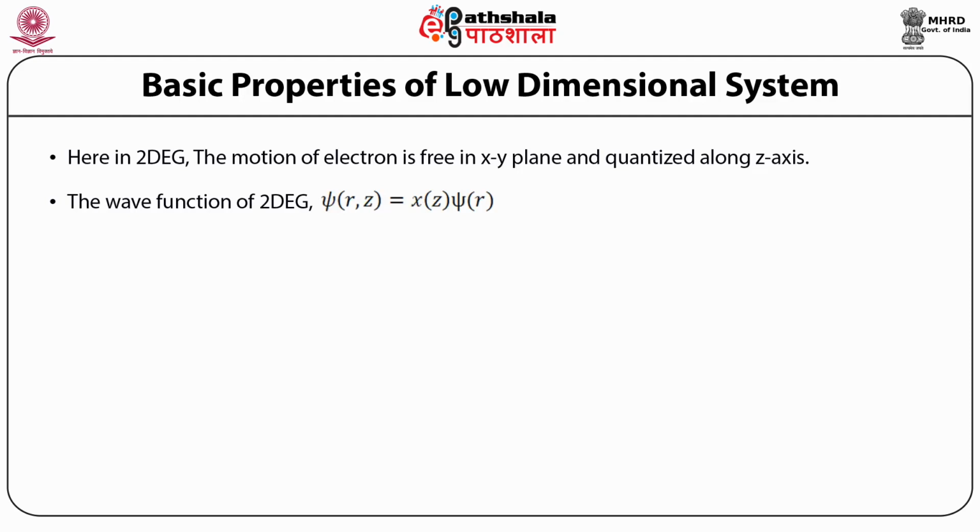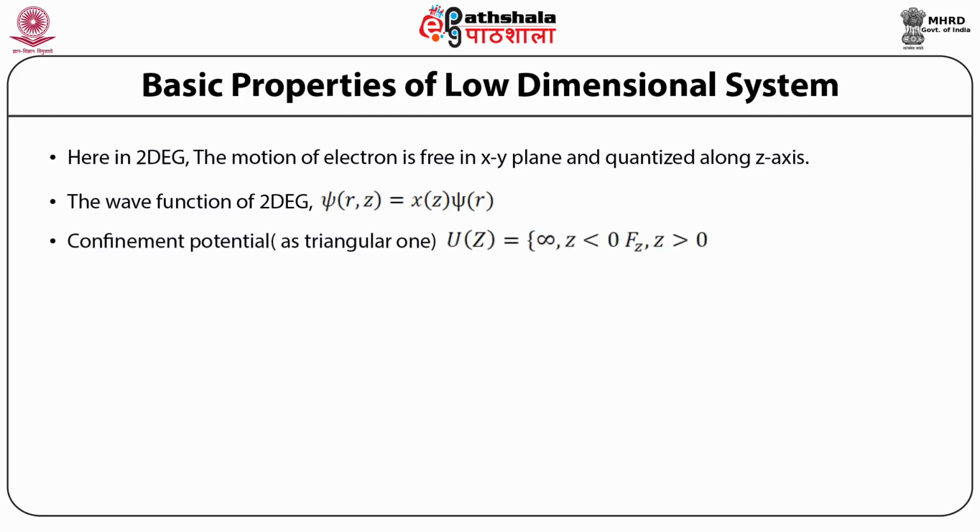Now, in the case of silicon MOSFET and aluminium gallium arsenide single heterostructure, the confining potential can be approximated as a triangular one and is given by U(z) equal to infinity for z less than 0 and equal to F z for z greater than 0.